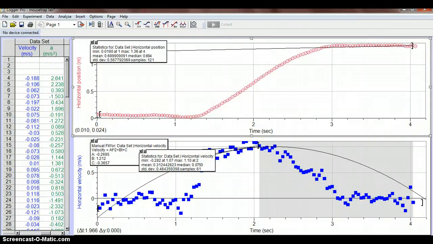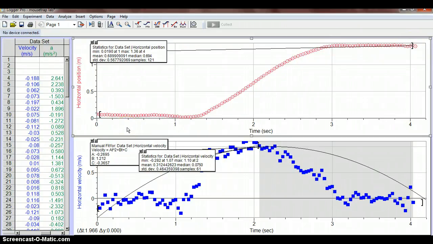As you can see here, this is when it's not yet moving, and then over here is when it's accelerating, speeding up, and then you can see that it starts to slow down right about here before coming to a stop over here.